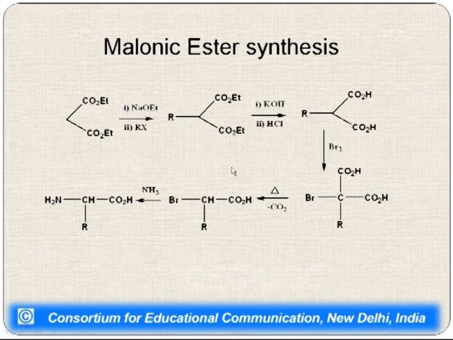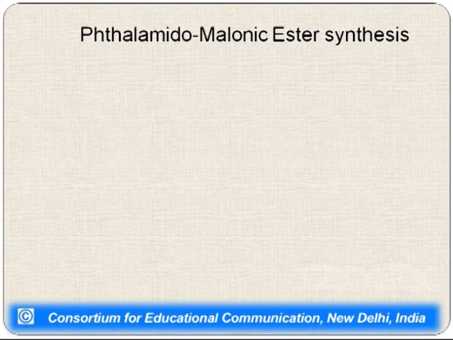So, this alpha bromo acid is reacted with NH3, ammonia, and we get the required amino acid. But again, as in the case of the Hell-Vollhard-Zelinsky reaction or some other reaction, where we get the alpha bromo acid, this ammonia creates a problem in the yield of the reaction. So, what is done?